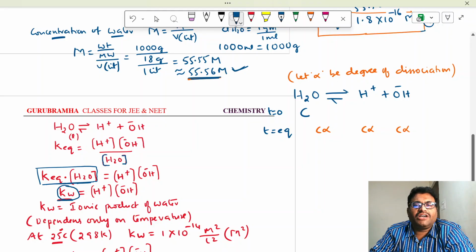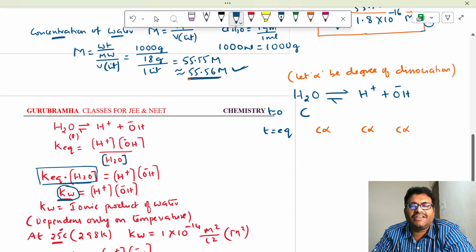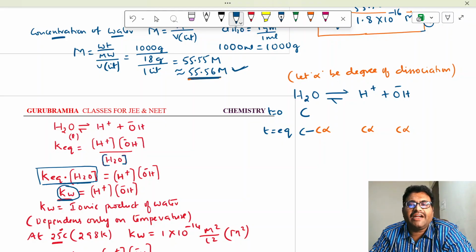Originally, how much water is present? C concentration. How much is dissociated? C alpha. How much will remain at equilibrium? C minus C alpha. Initially at time t equal to 0, that is, the reaction has not started, the concentration of water is C. As it is a weak electrolyte, the reaction is reversible, and at a certain time you will find it in equilibrium.